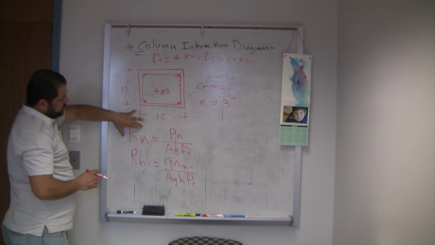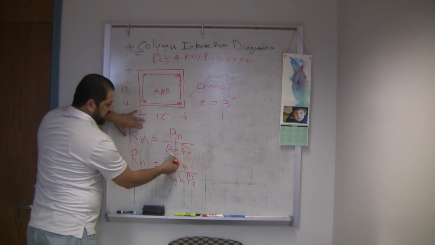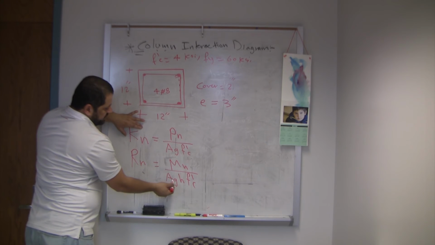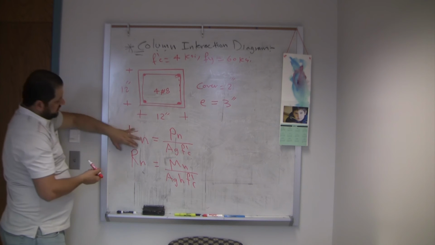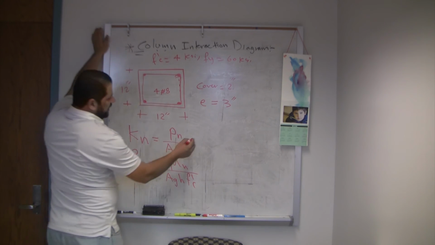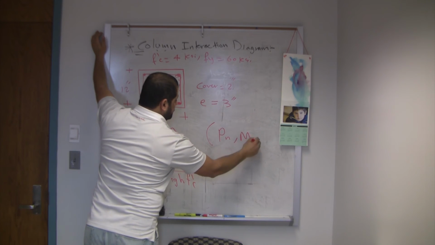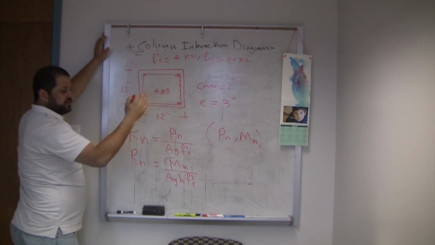We don't know this one, but if we know Kn, we can calculate Pn, because whatever we have here is known. A gross equals 12 times 12, and F prime C is 4 KSI. So if I know Kn and Rn from the interaction diagram, I can tell you what Pn and Mn are. In order to get those, I need to go to the interaction diagram.